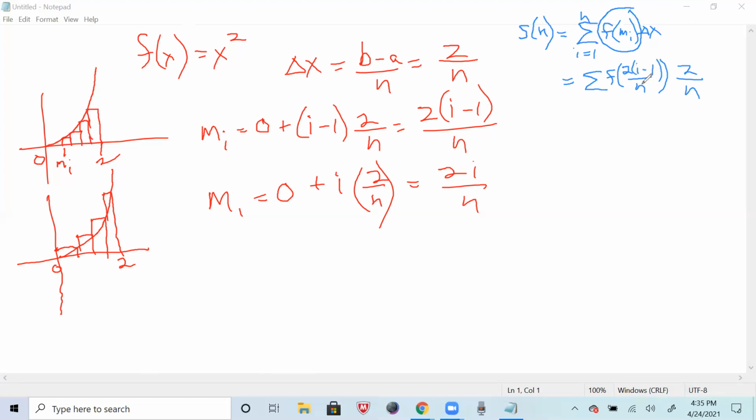This part is the height of each rectangle, and that's the width. That gives you the area of each rectangle, and then we add it all up as I goes from 1 to n, where n in this case is 4.